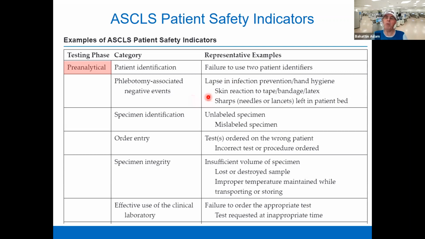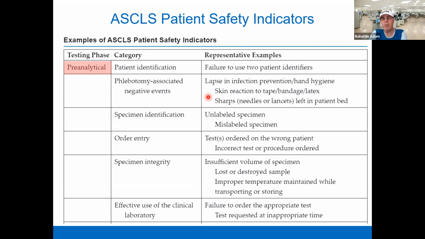Order entry. I mean, mostly we are using barcodes. There are barcodes both on the test tube and on the order sheets, which prevent errors. However, in some cases we have to enter the test manually or the name of the patient manually, which may cause errors.